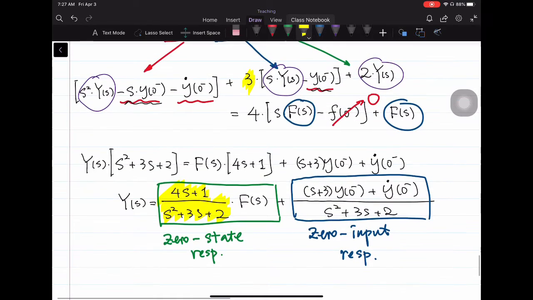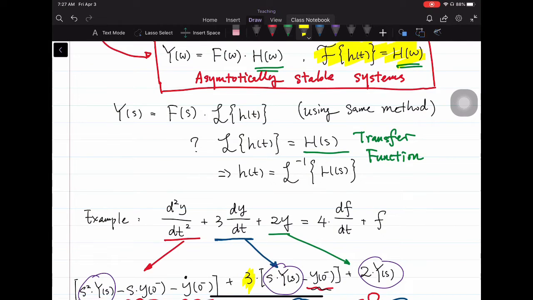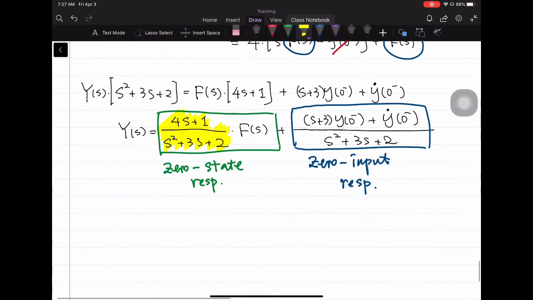And what we have just conjectured above, the zero state response, Y(s) equal to F(s) times the Laplace transform of h(t). And we sort of guessed the Laplace transform of h(t) is equal to the transfer function. And this is confirmed here, that Y(s) is indeed equal to the transfer function multiplied by the Laplace transform of the input signal.